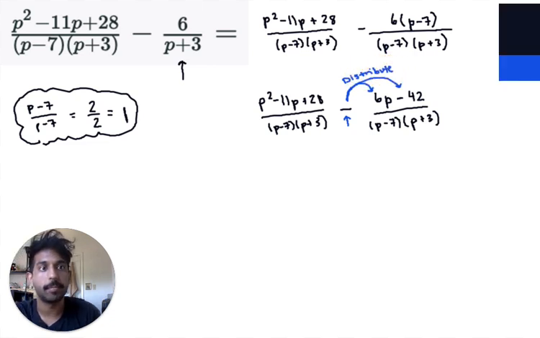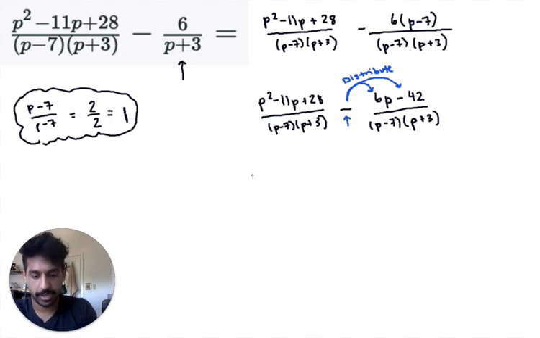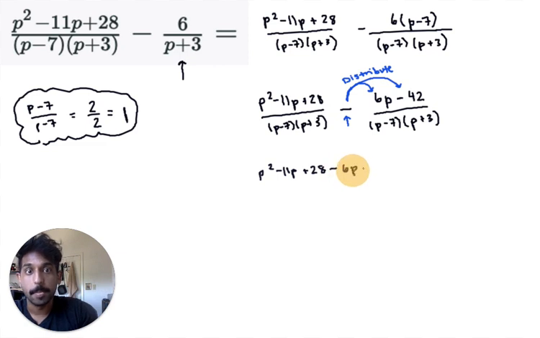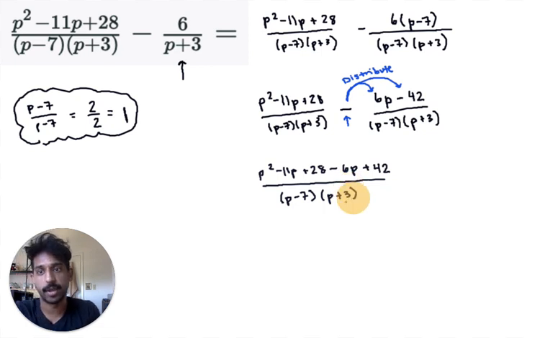So when we end up combining these, we're going to get p squared minus 11p plus 28 minus 6p minus 42, so that's plus 42. All of that is going to be over p minus 7, p plus 3. Because remember, the denominator does not change when we combine these fractions.